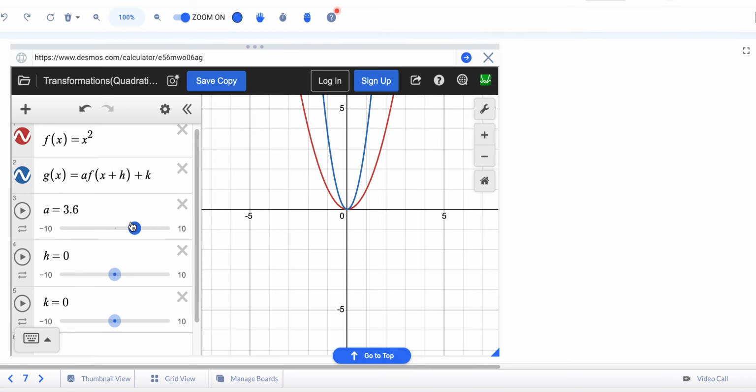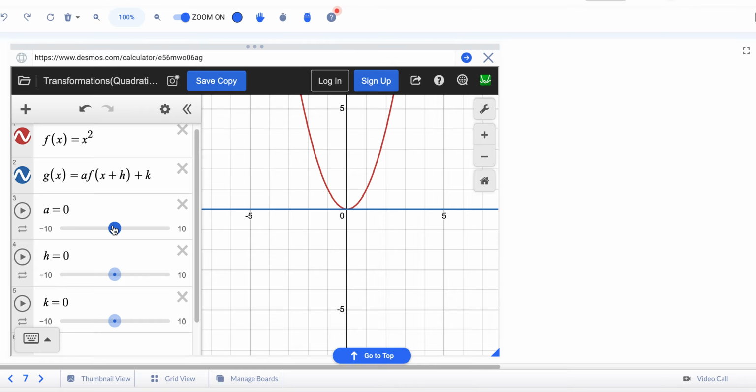But what happens if my a becomes less than 1? Look at the blue graph. Now my blue one is compressing, so it's getting wider.